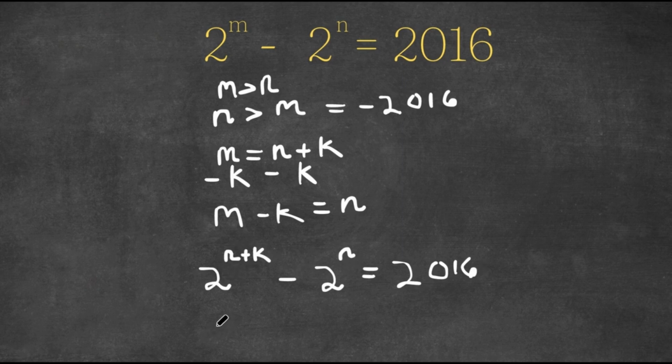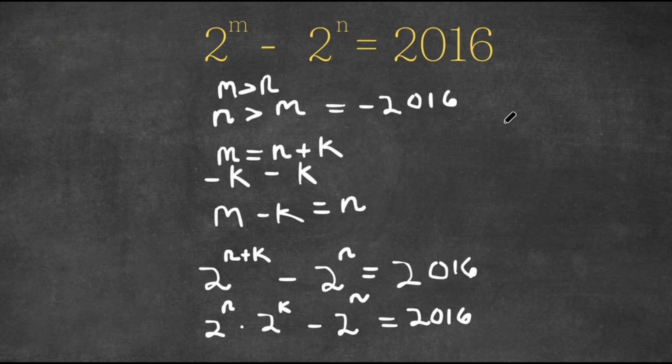Now this can also be written as 2 to the power of n times 2 to the power of k minus 2 to the power of n is equal to 2016. And now if I factored out 2 to the power of n from this, I would get 2 to the power of n times 2 to the power of k minus 1 is equal to 2016.